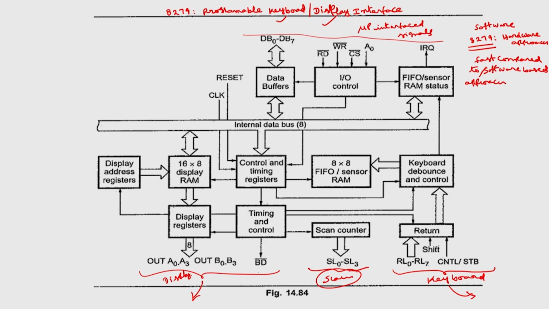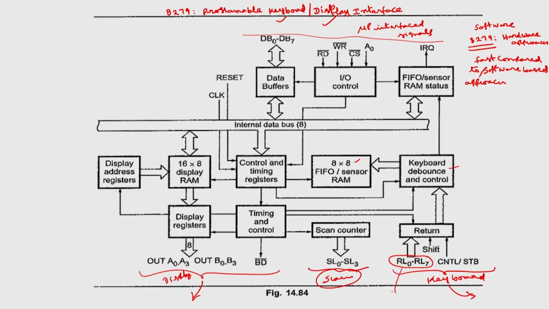Okay. So, coming to the details. Inside this there will be an 8 by 8 first in first out RAM, and there will be a keyboard debounce circuit inside the device itself, whereas in case of the software approach we have to write the program for debouncing of a switch. Here this is inside.